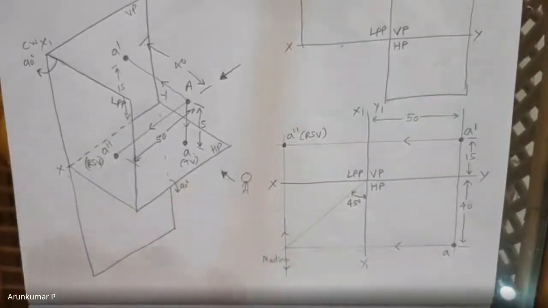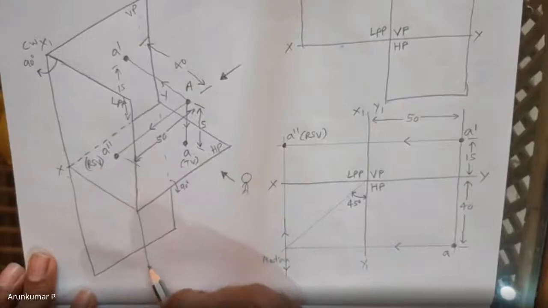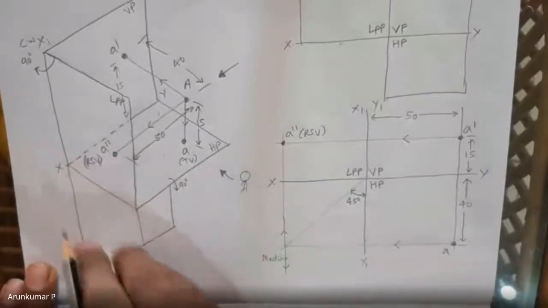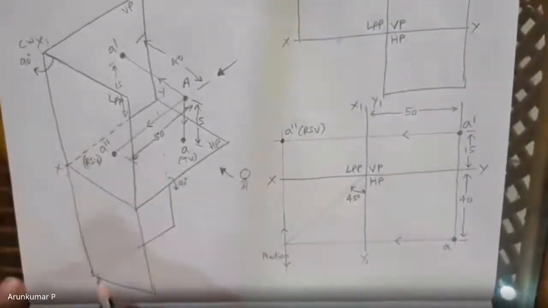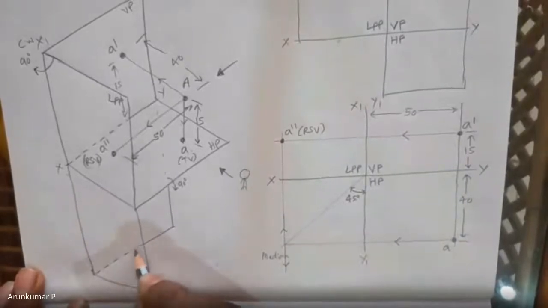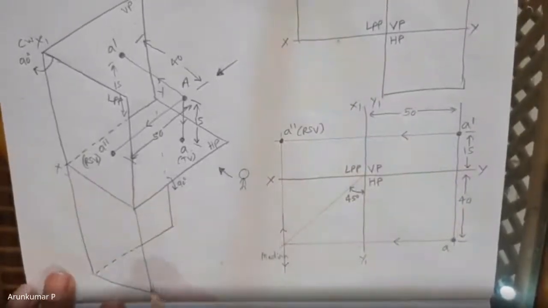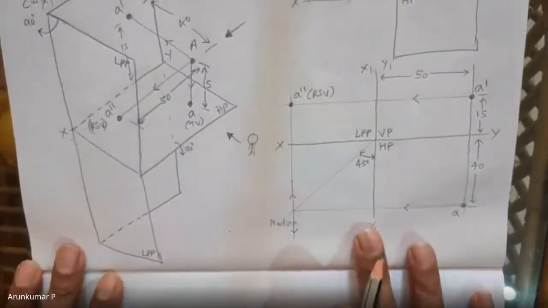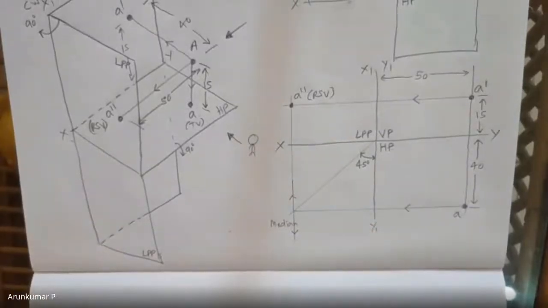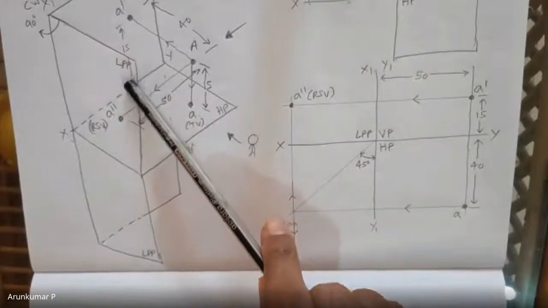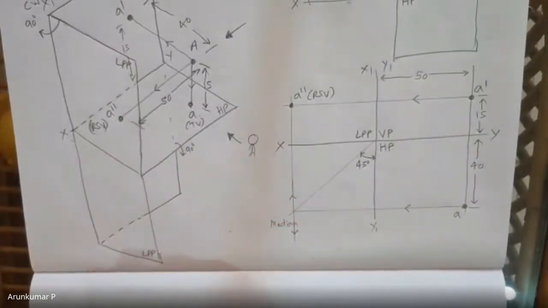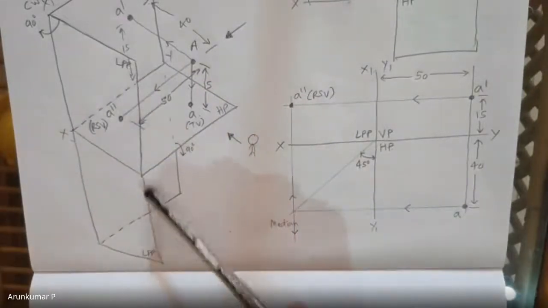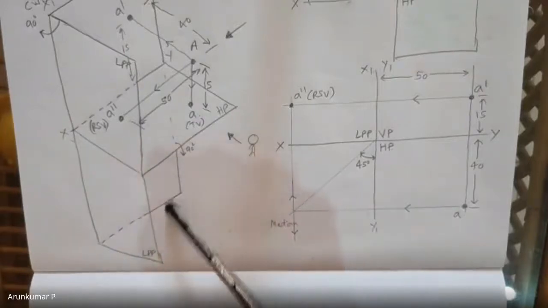Where is LPP for the fourth quadrant? You can see LPP. This is the left profile plane for the fourth quadrant.